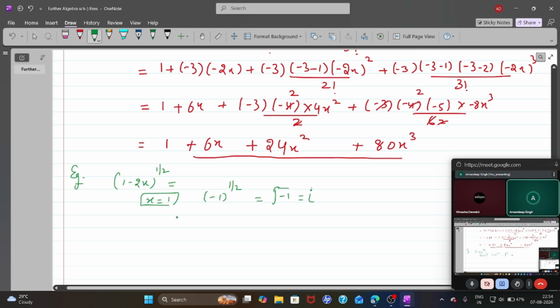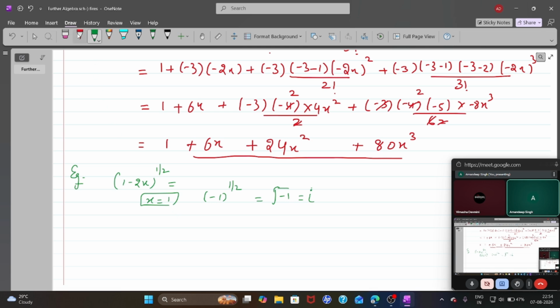To check the existence or find the validity of the expansion, whatever term you get after 1, in this expansion minus 2x, you take the modulus or absolute value of minus 2x and make it less than 1.